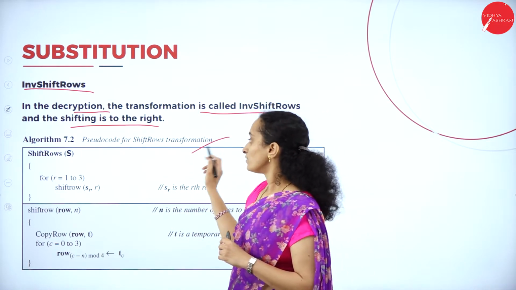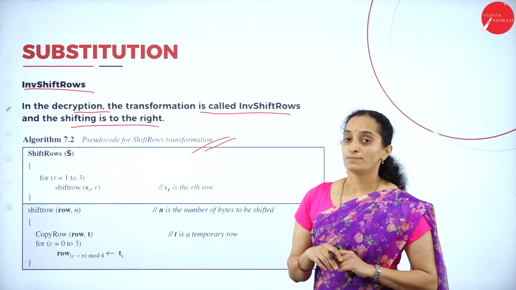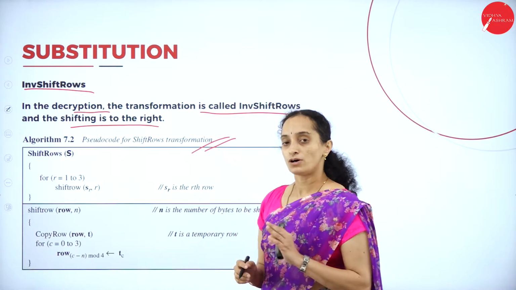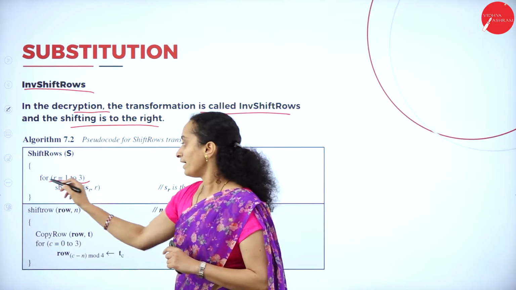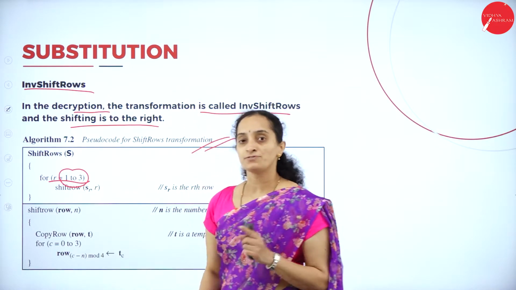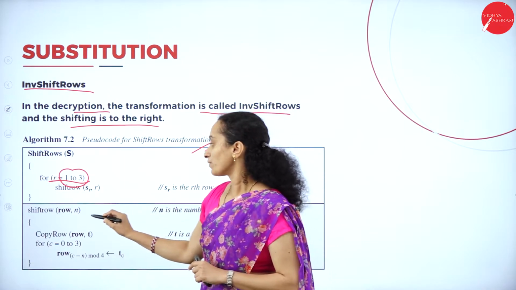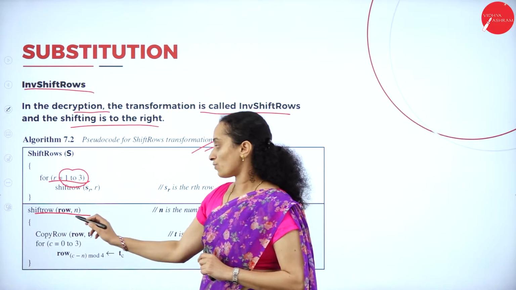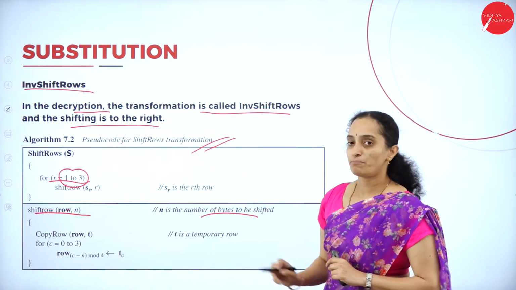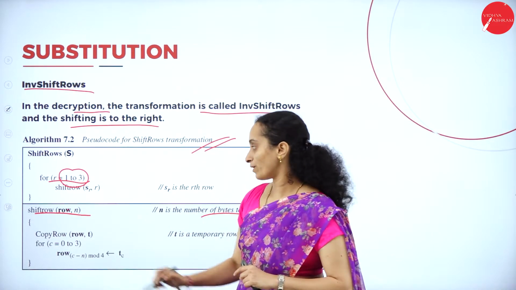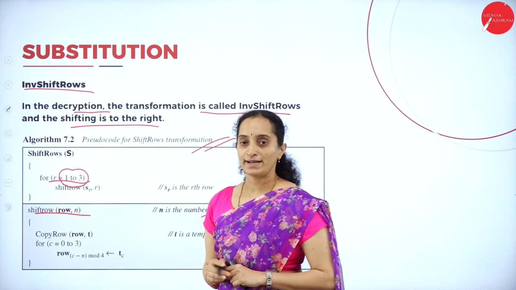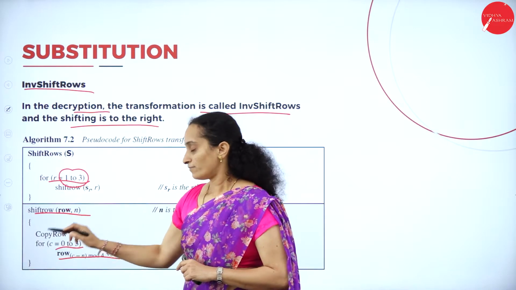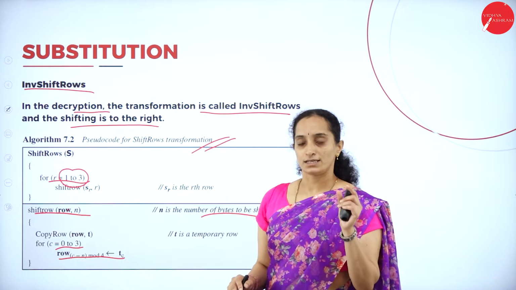Now we have the pseudocode here for the shifting of the rows or shifting of the bytes, where we take only row numbers from 1 to 3. In this ShiftRow method, we use the row number and the number of bytes to be shifted. So we follow the values from 0 to 3.